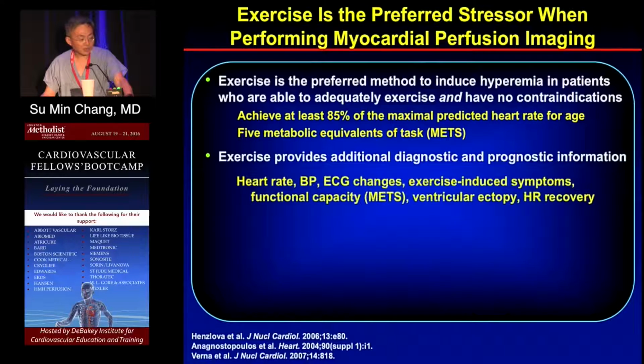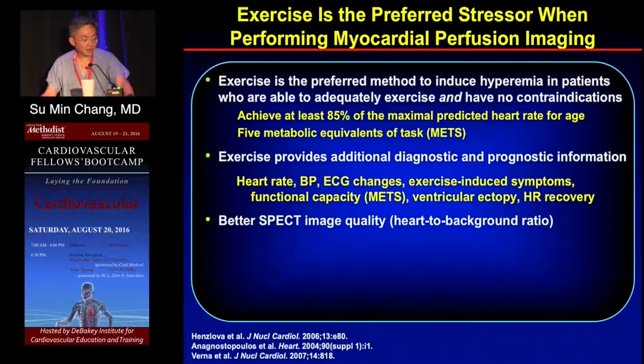And obviously exercise produces all sorts of important information: ECG changes, heart rate, symptoms, which is very important, functional capacity, heart rate recovery, PVCs, and it also produces better SPECT images because when you exercise, you have splanchnic constriction, so less tracer goes to the liver and the gut, the background noise is lower, and the image quality is better.